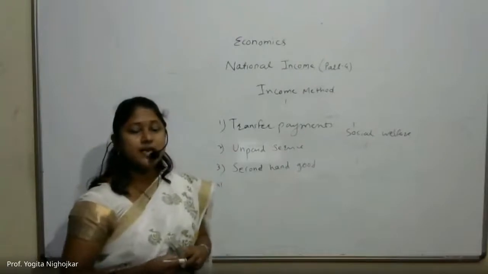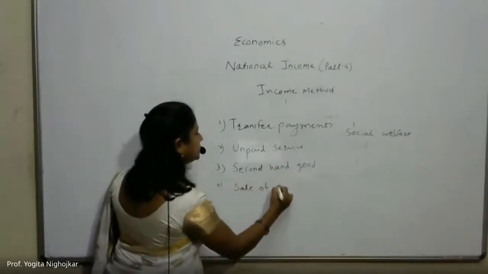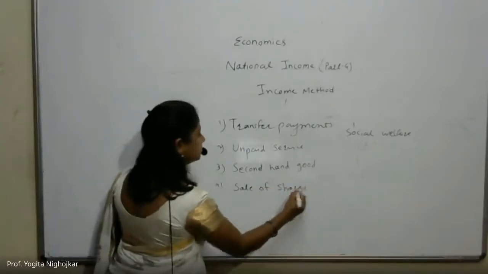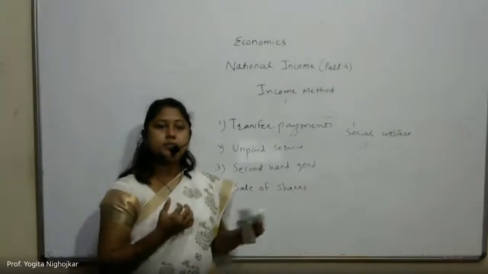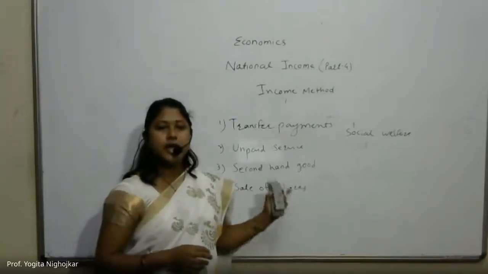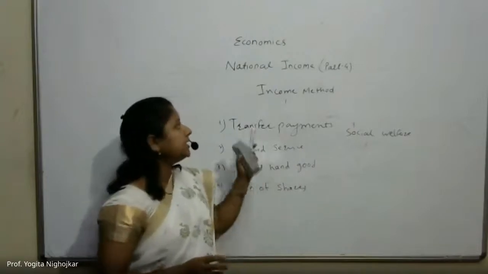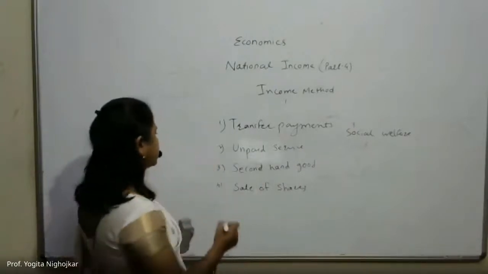Next point is sale of shares. Income from sale of shares and bonds should be ignored, as they do not add anything to the real national income. Next is revenue.